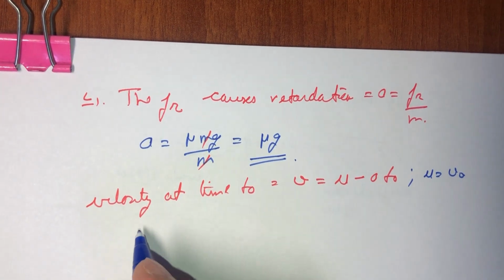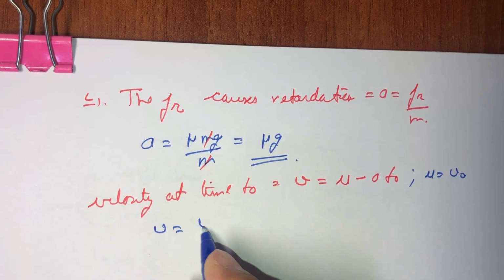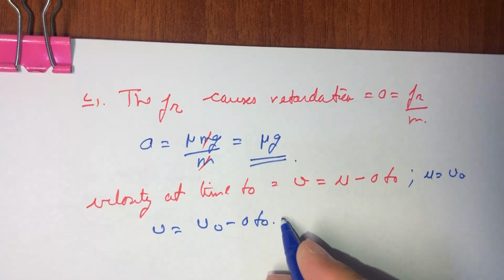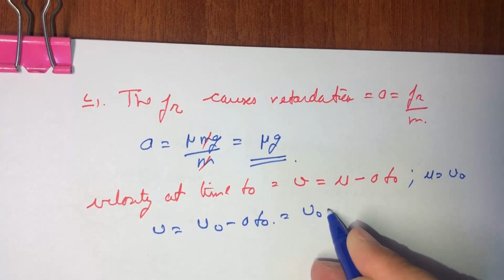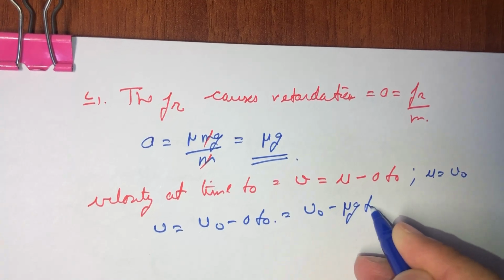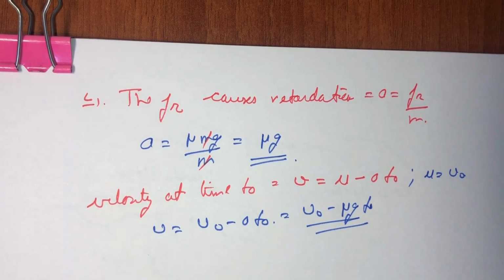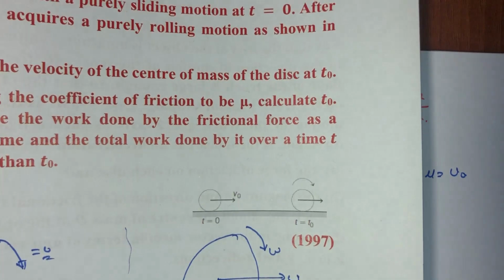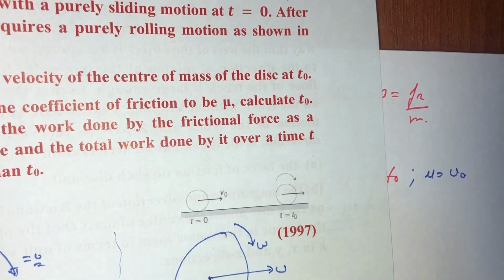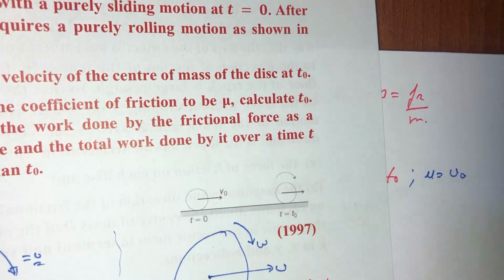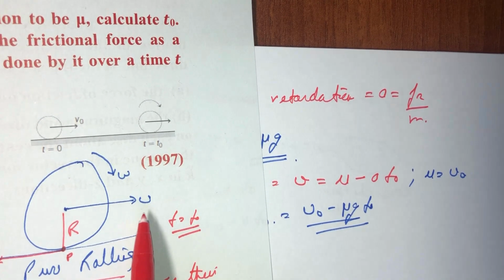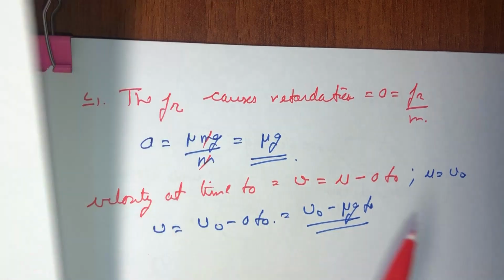So we can say v will be equal to v0 minus a multiplied by t0. Substituting the value of a, we get v0 minus mu g multiplied by t0. So this is the velocity after time t0, and the rolling motion starts at time t equal to t0. So basically this equation represents the velocity of the center of mass at the time t equal to t0.